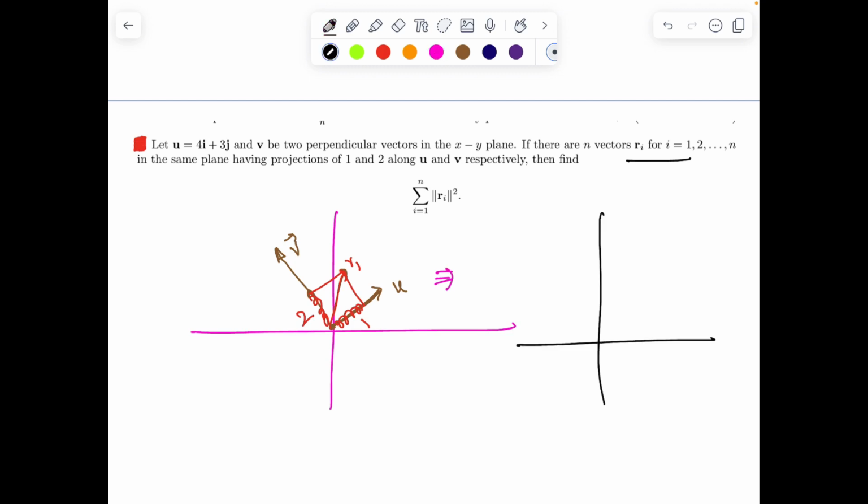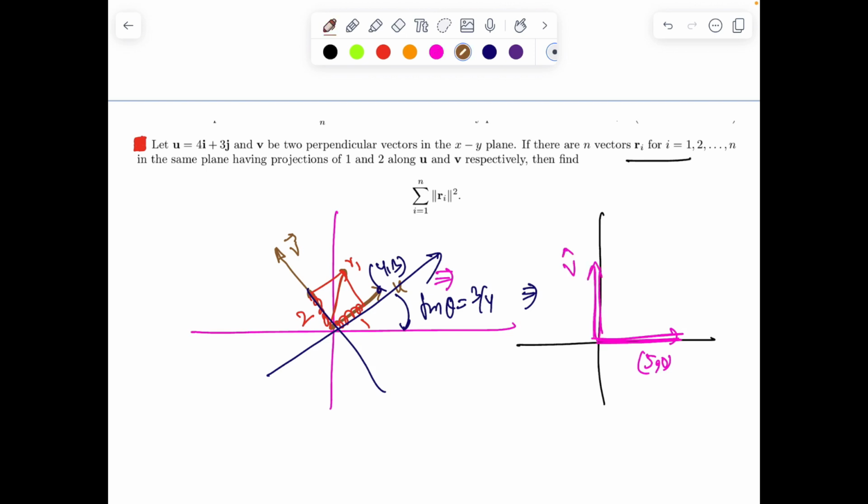So this is again a comparatively easy question, because without any loss of generality, I can make U a new axis and V a new axis. So let's rotate this entire coordinate system by the angle theta, such that tan theta is 3 by 4. So our new diagram will have the new U on the new axis with coordinates 5 comma 0, and we have some V. Now we want all those vectors whose projection on U is 1 and projection on V is 2.